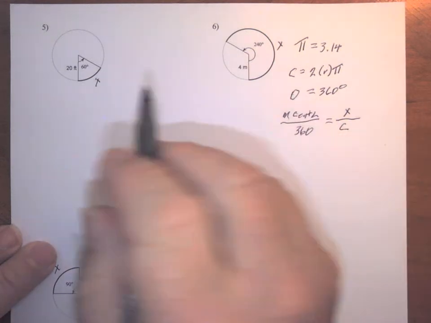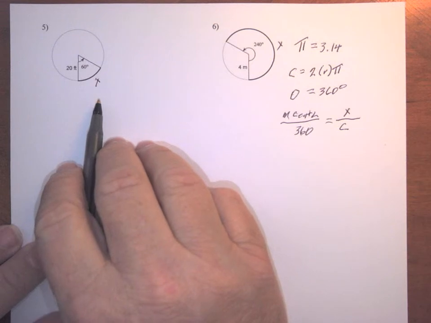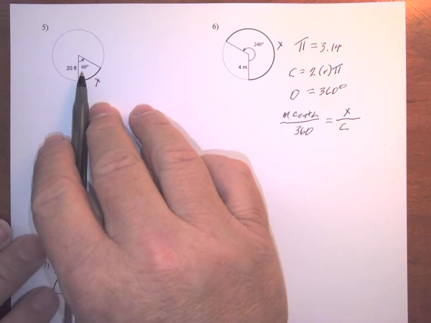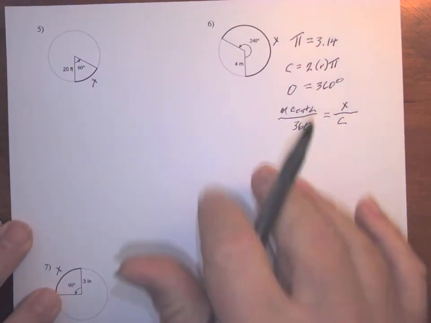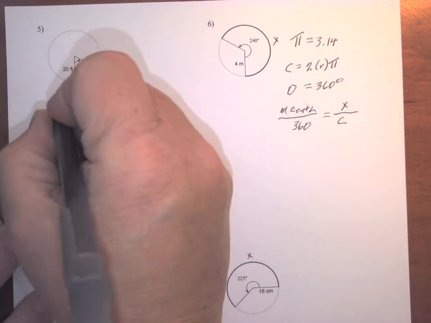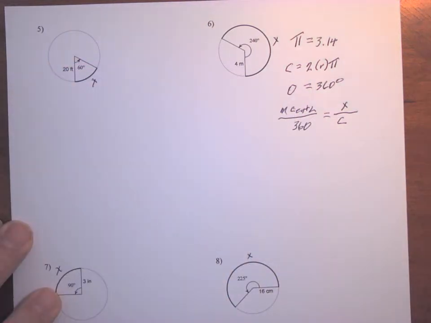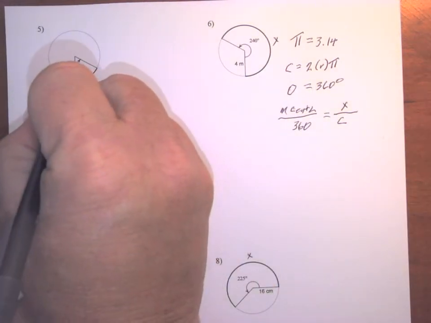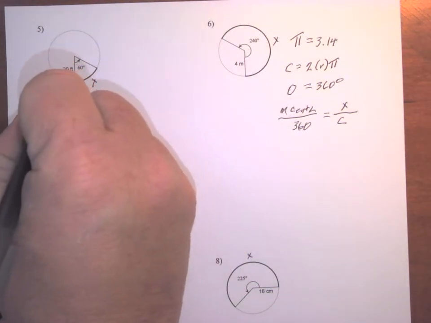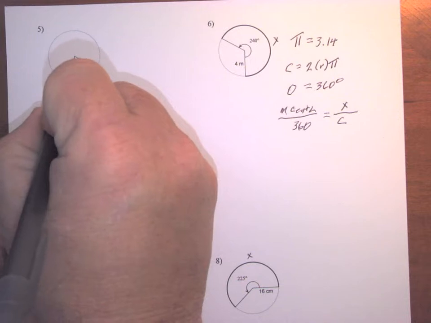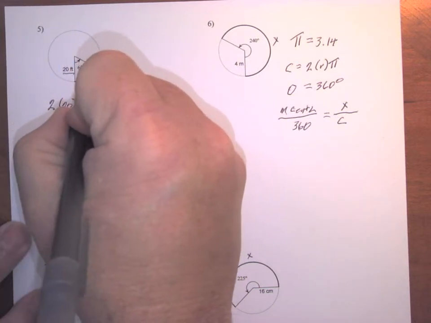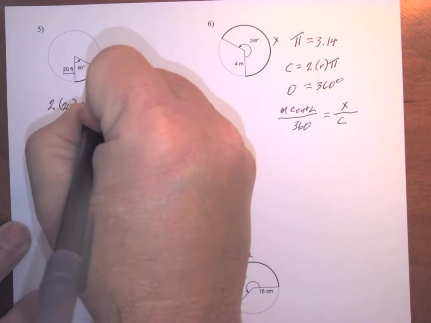So, in order to solve the problem, the first thing we have to do is calculate the circumference. Okay? Well, we know the formula for that. It's 2 times the radius times pi. So, in this case, the radius is 20 feet. So we have 2 times 20 times pi, which we said we're going to use 3.14.